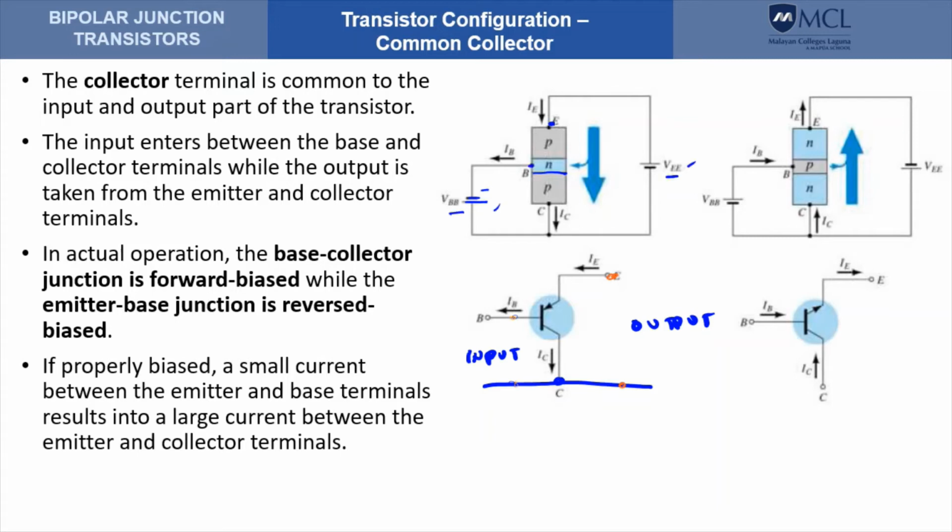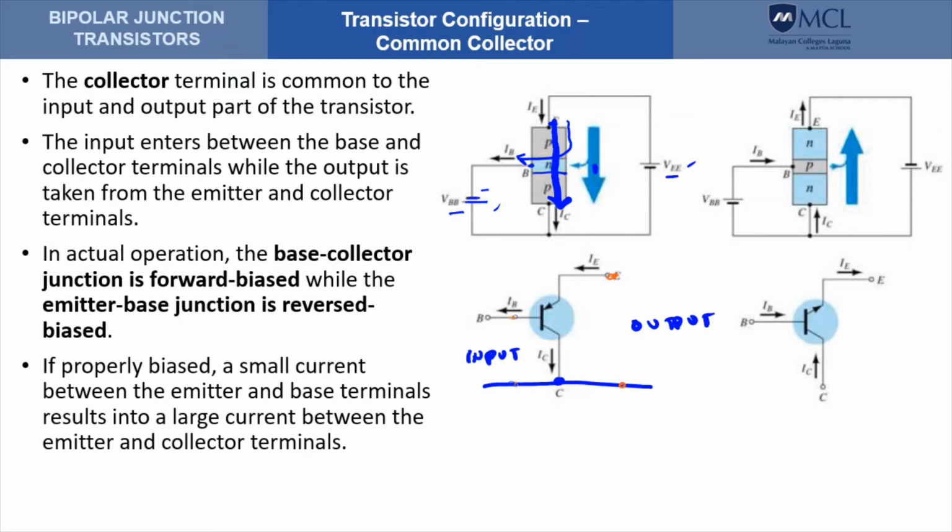Again, in a properly biased configuration, a small current between emitter and base, so we have a small current going there, will turn into a larger current between emitter and collector in that direction. Okay, illustrated by this one.